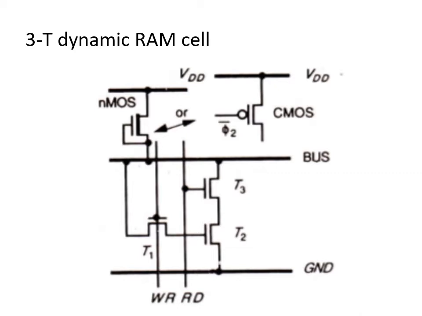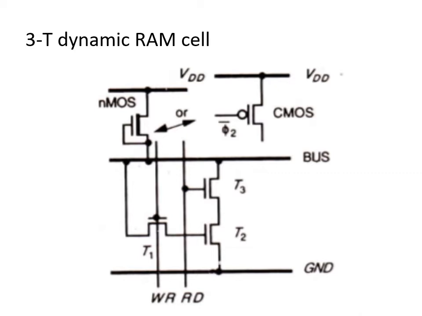Okay, so this point is considered as I, that is used for both reading and writing operation. Here T2 is a storage transistor, and T1 and T3 are pass transistors which act as access switches for control lines read and write, used for carrying out read and write operations.